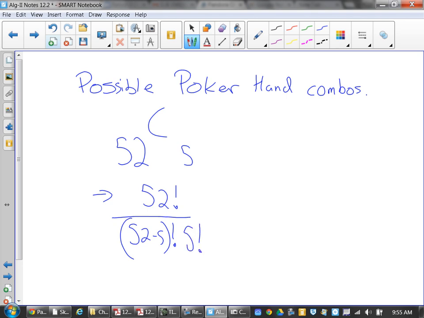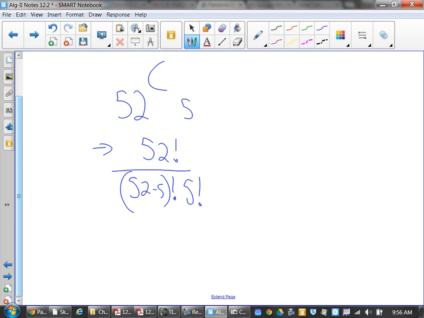Now, in this case, if you want to look at it long form, it would be 52 factorial over the quantity 52 minus 5 factorial, 5 factorial. This is actually very, very easy to compute by hand. Remember, 52 factorial is 52, 51, 50, and so on, all the way down the line. 52 minus 5 is how much? 47.